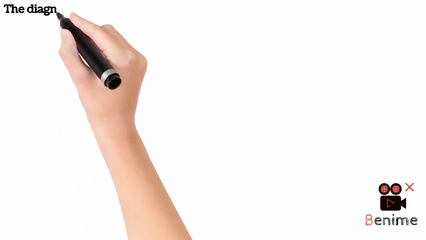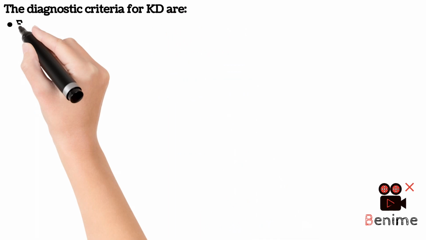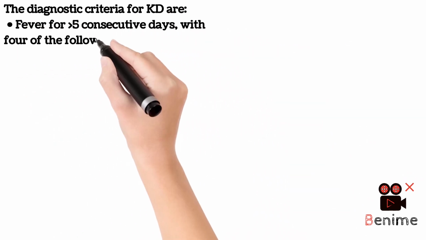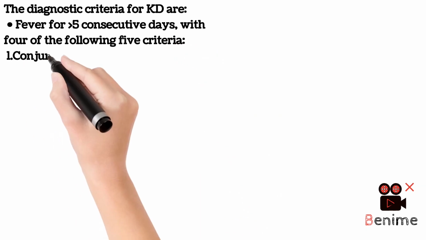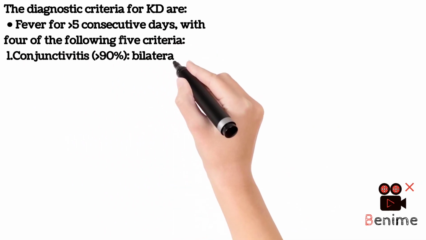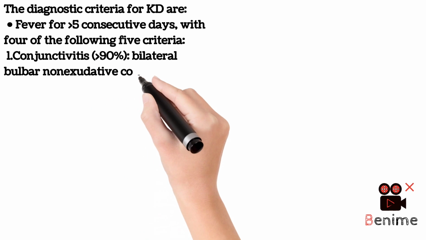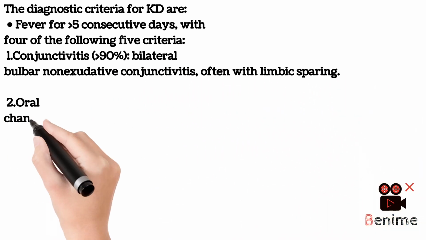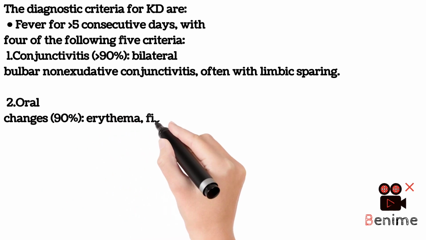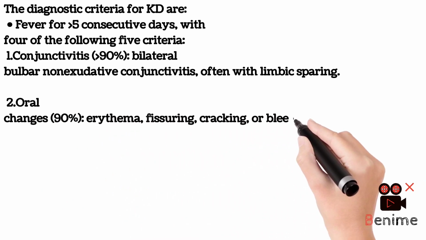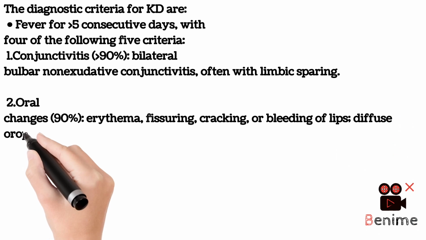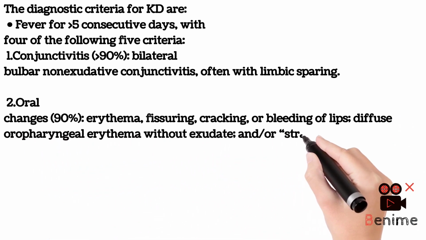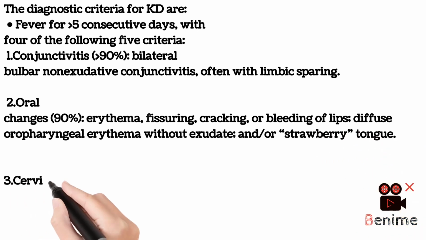The diagnostic criteria for KD are: fever for greater than 5 consecutive days, with 4 of the following 5 criteria. 1. Conjunctivitis, greater than 90%: bilateral bulbar non-exudative conjunctivitis, often with limbic sparing. 2. Oral changes, 90%: erythema, fissuring, cracking, or bleeding of lips, diffuse oropharyngeal erythema without exudate, and/or strawberry tongue. 3.